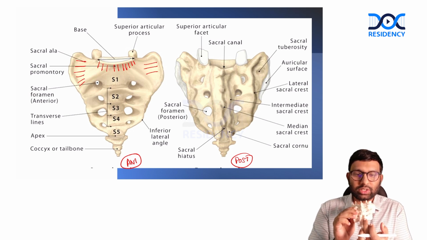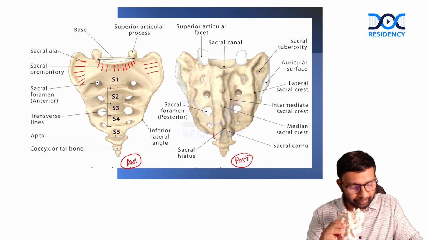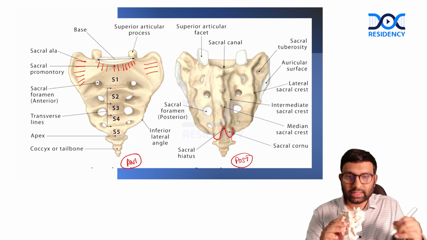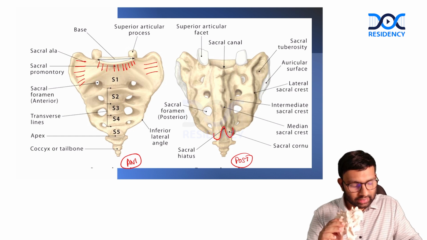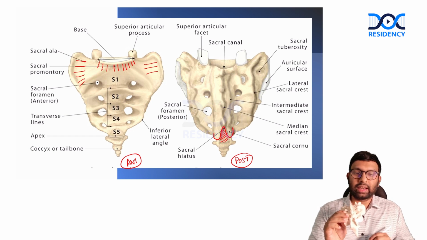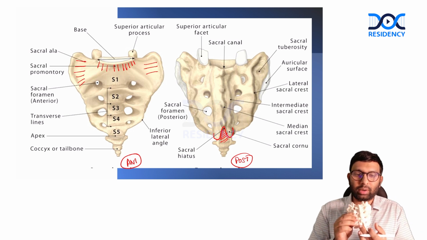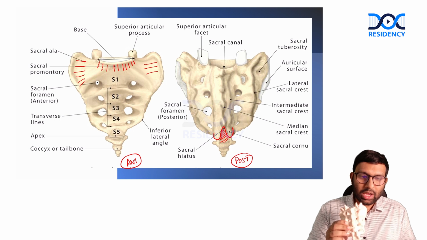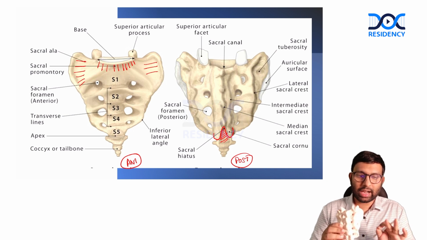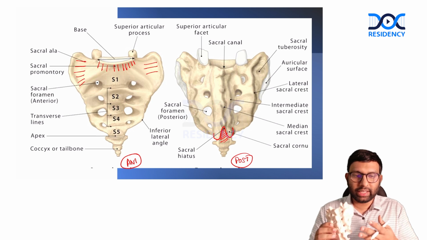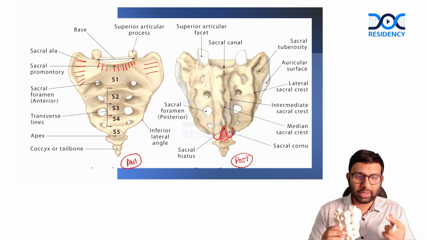This is called the sacral hiatus, and the part along its opening is called the sacral cornu. So this is the sacral cornu, and this is the sacral hiatus, and you have your cauda equina nerve roots going in from here, being there inside that hiatus. So in patients who have severe radiculopathy because of a lumbar pathology, if medications don't work, we usually think about giving them injections.